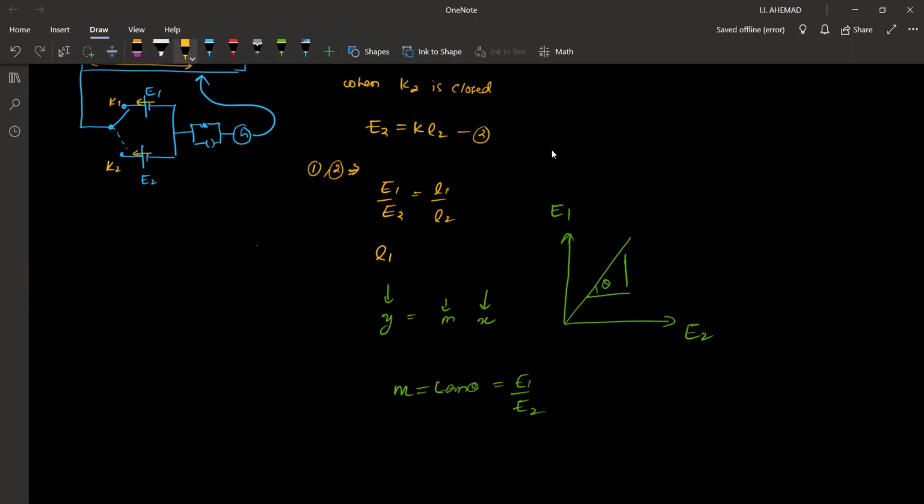It should be L1 is equal to E1 over E2 into L2, okay? Make that change. It should be L1 is equal to E1 over E2 into L2. We are plotting L1 with L2, so you have to change the graph also.